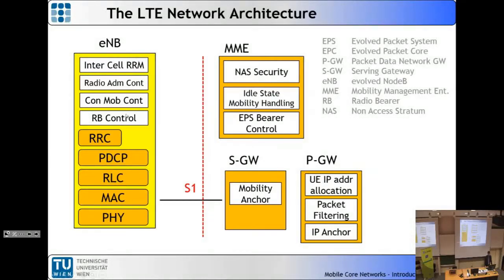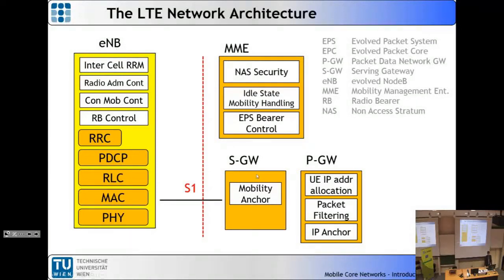As you can see, this is what I touched on before. The node B is now responsible for the radio bearer control, so it can manage and access the resources, which comes in very handy. If you have OFDM, you can now access the frequency and the timing spacing, depending on the user. You have control over radio resources in terms of intercell, so also between cells can be changed. This is kind of organized in this way.